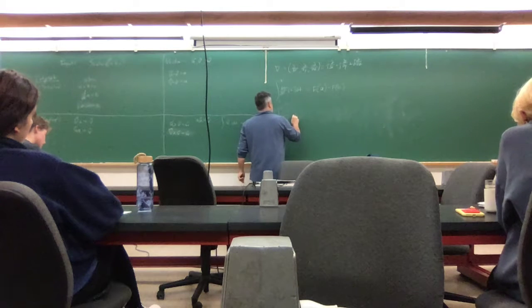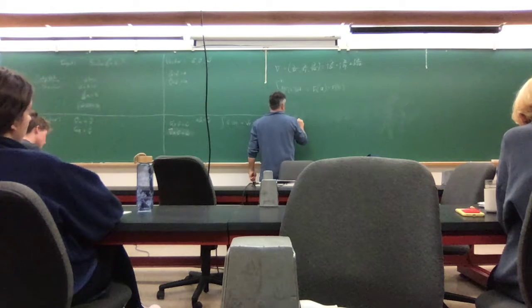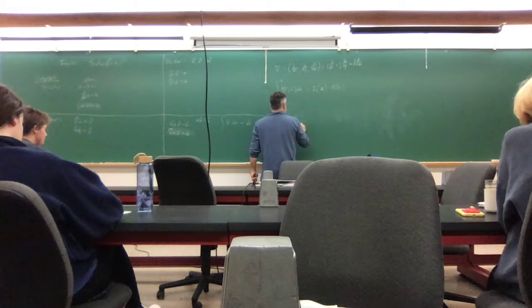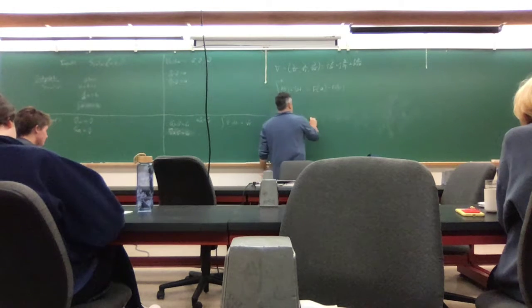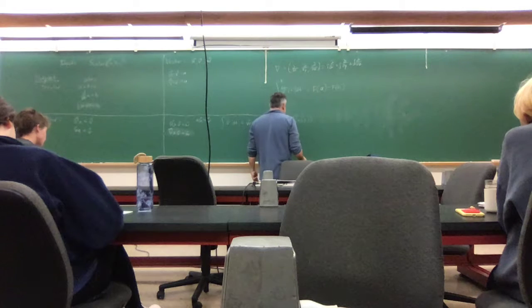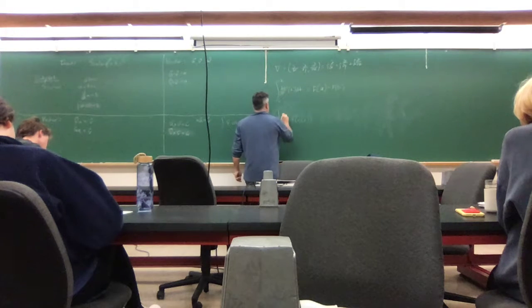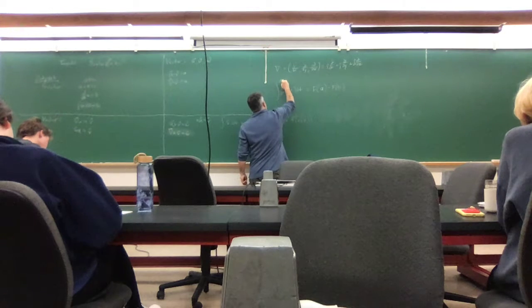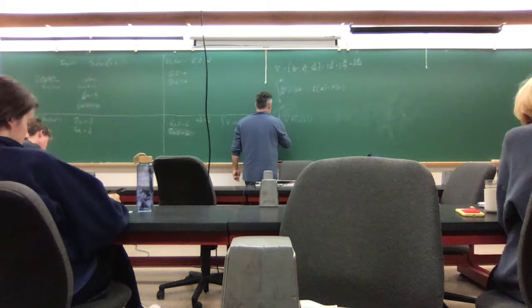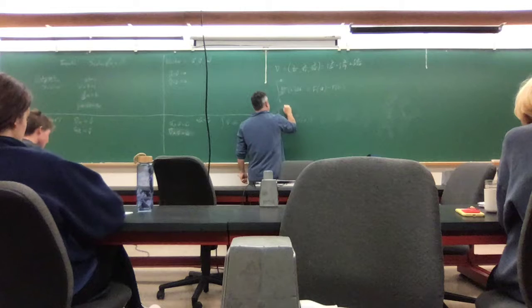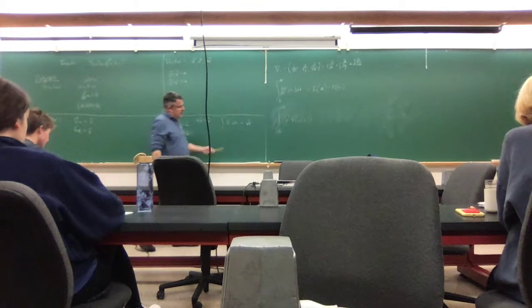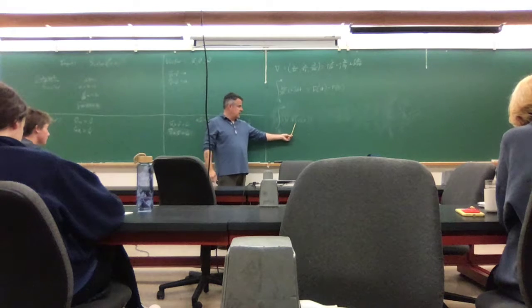What if I write something like this? This is the gradient of something that depends on x, y, z. And I want to integrate this thing somehow, and let's put it from A to B. Okay, so this is a gradient.